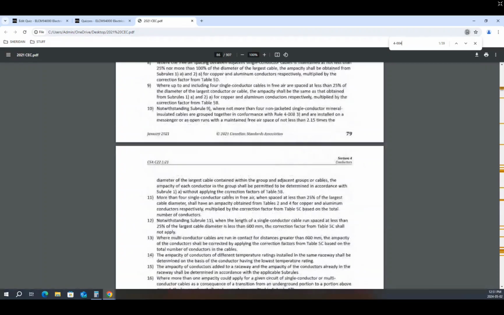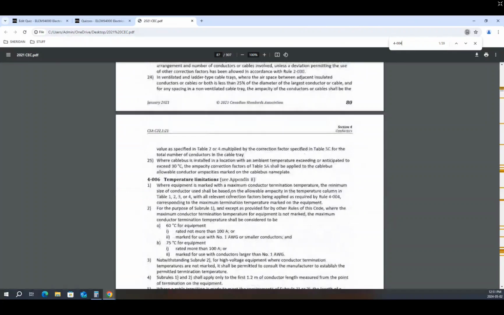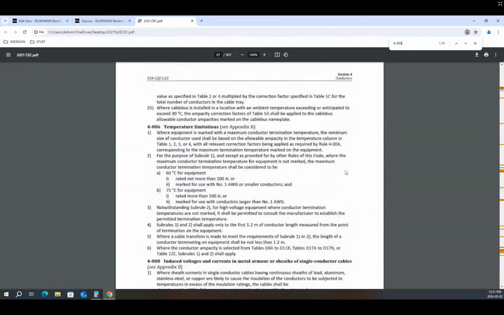That's 4-006. We have temperature limitations. For the purpose of subrule 1, except as provided by the rules of the code, where the maximum conductor termination temperature for equipment is not marked, the maximum conductor termination temperature shall be considered to be 60 C for equipment. So you're going to get questions without temperature terminations.